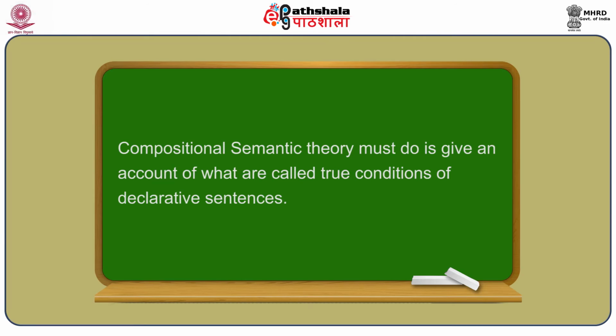Now, some philosophers like Davidson have gone further and argued that that's all that is needed for a compositional denotational semantic theory. Basically, what your compositional semantic theory must do is give an account of what are called the truth conditions of declarative sentences.